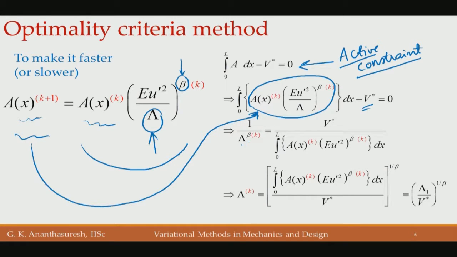That will enable us to solve for this lambda raised to beta, and hence we get this lambda at kth iteration in this manner. Again, once you know EA, which you have assumed to let the optimization start, that will give us u and u prime, and you would have assumed value of beta, you do everything and you get it. In the code, the denominator we are going to denote by lambda 1. It is not Lagrange multiplier or anything, we are just denoting, so that you can take this algorithm and look at the code and understand how the code in MATLAB is implemented.